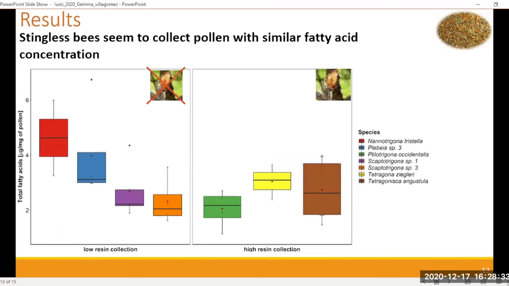When we look at the fatty acid content in the pollen, there is 1 species that seems to collect a little bit higher fat content than the other species, and we still want to figure out if it's only this species, with the later, better analysis. Now we also want to look at the amino acid concentration in the pollen to see the ratio between fats and protein, and whether that changes for different species and resin collection.